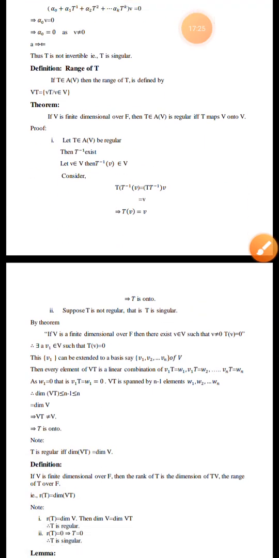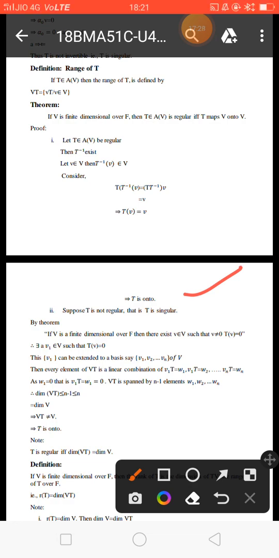Then conversely, suppose T is not regular, that is, T is singular. If V is finite dimensional over F, then there exists v belonging to V such that vT = 0. Therefore, there exists a v1 belonging to V such that v1T = 0. This v1 can be extended to a basis, say v1, v2, up to vn, and every element of VT is a linear combination of v1T = w1, v2T = w2, up to vnT = wn.